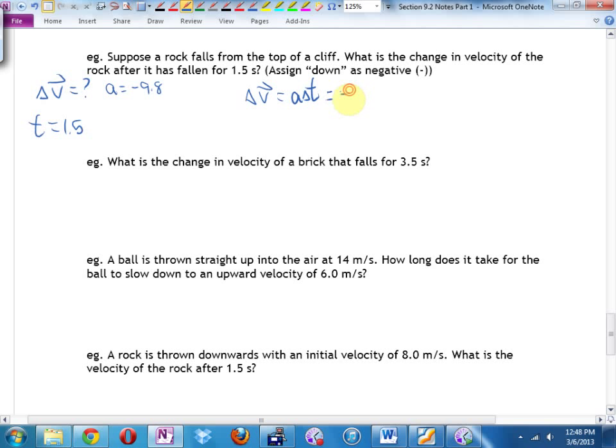It's going to be negative 9.8 times 1.5. Negative 9.8 times 1 is negative 9.8. Negative 9.8 times 0.5 is negative 4.9. Negative 9.8 plus negative 4.9 is negative 14.7.